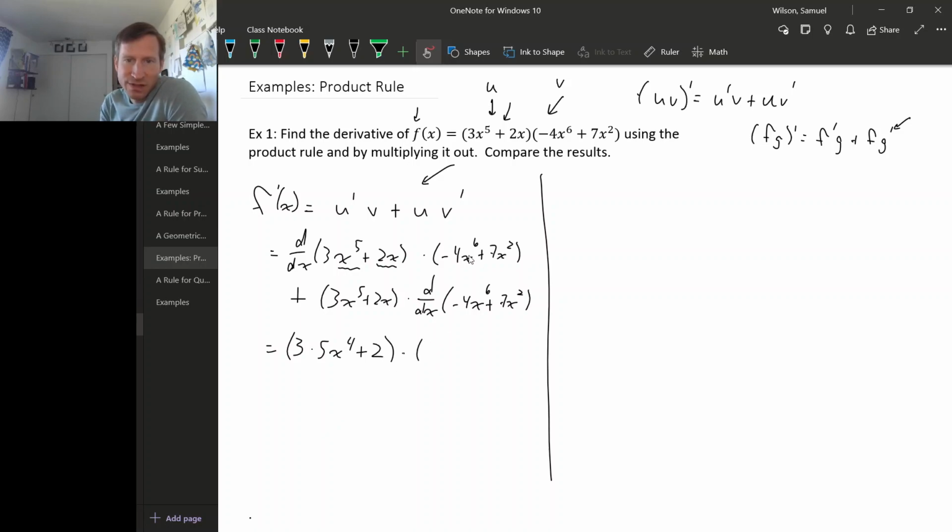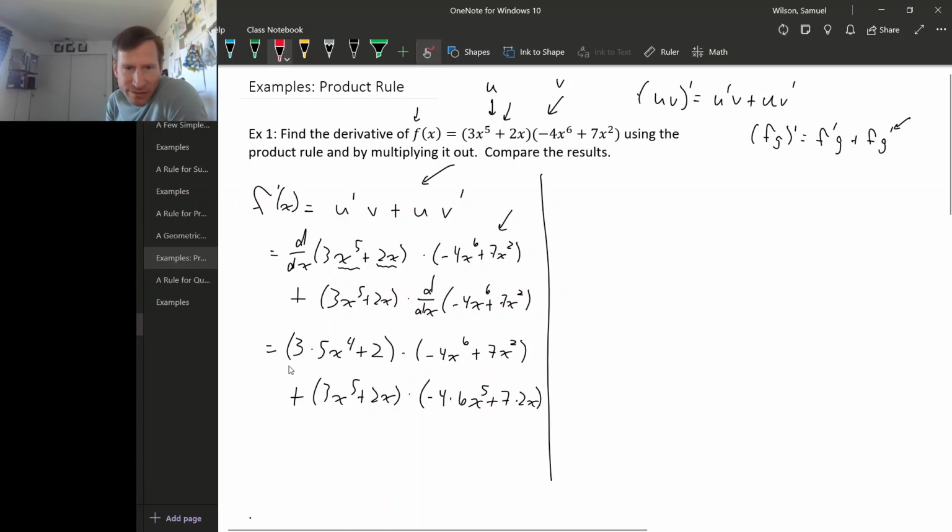And then times this piece that doesn't have a derivative, minus 4x to the 6th plus 7x squared, plus 3x to the 5th plus 2x times, and now we need a derivative, so this minus 4 moves outside the derivative, and then derivative of x to the 6th is 6x to the 5th, plus 7 times the derivative of x squared, which is 2x. Okay, so now this 3 times 5, that's 15, and this minus 4 times 6, that's negative 24, and 2 times 7, that's 14.